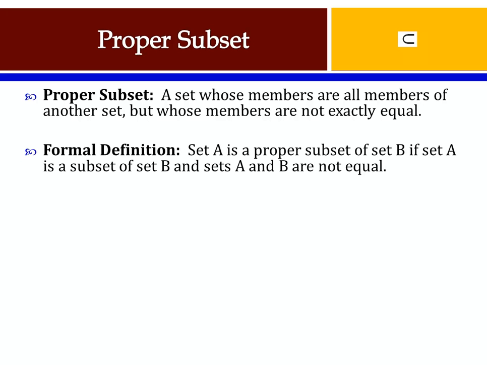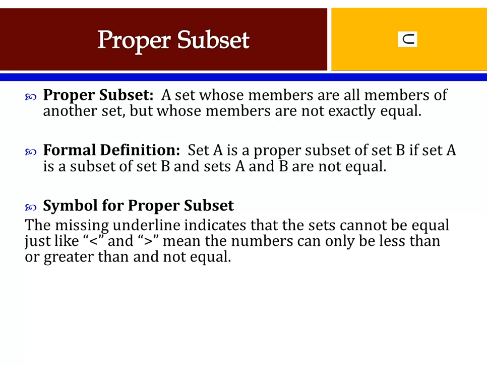A more formal definition: set A is a proper subset of set B if set A is a subset of set B and sets A and B are not equal. So excluding the case where the two sets are exactly equal, every other subset is called a proper subset.